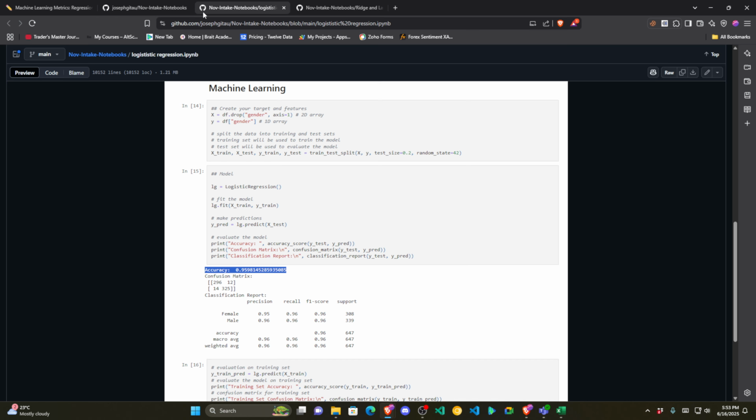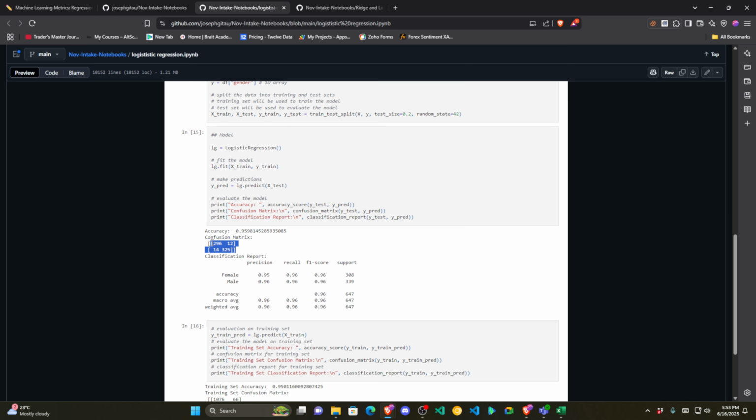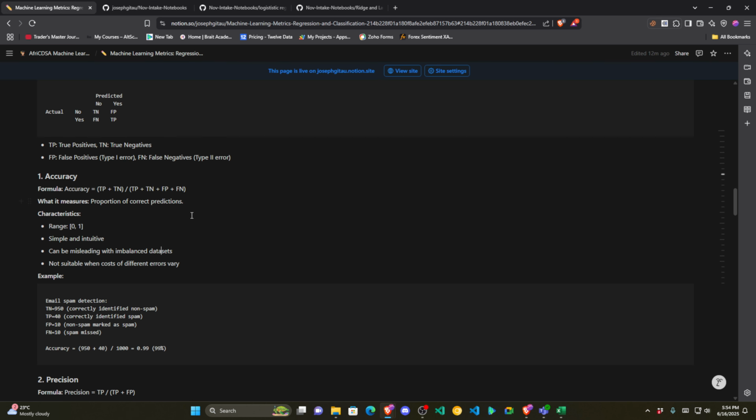If we go over to our notebook, you can see we've got our confusion matrix over here. But on the classification report, this accuracy score is not split between the males and females. So we don't know what the contribution of females is in this accuracy score and what the contribution of males is. That's why it can be misleading with class imbalanced datasets. Let's say you're working in a loan company.